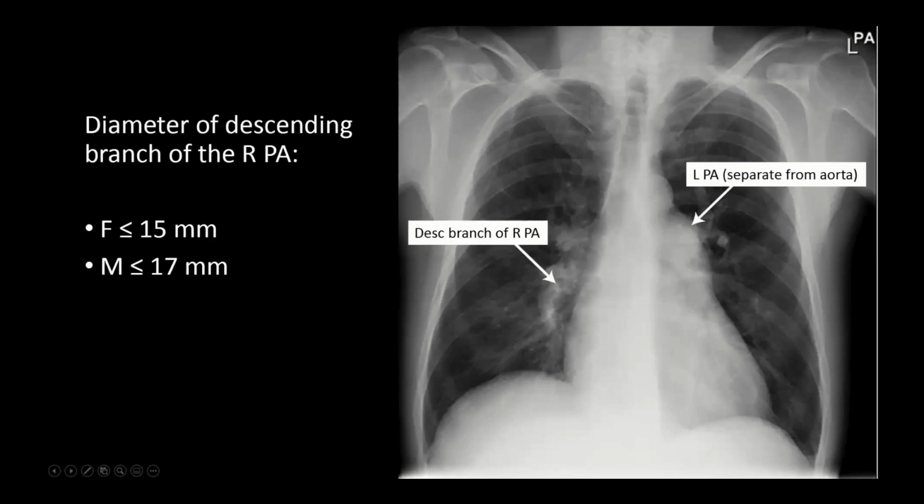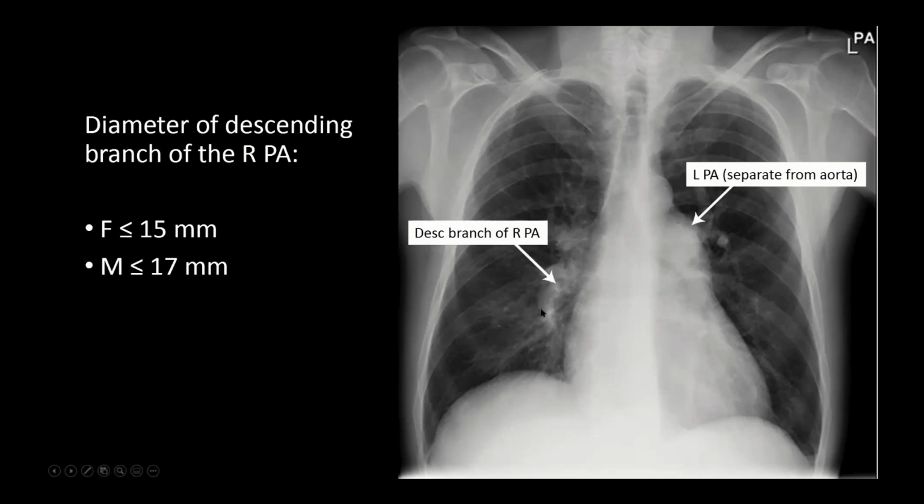The chest X-ray is done. And when you're looking at the chest X-ray, you're not only looking for alternative reasons for the dyspnea other than a PE, but also because pulmonary hypertension can actually change the way the pulmonary arteries look, even on a plain film. And these pulmonary arteries are labeled here.